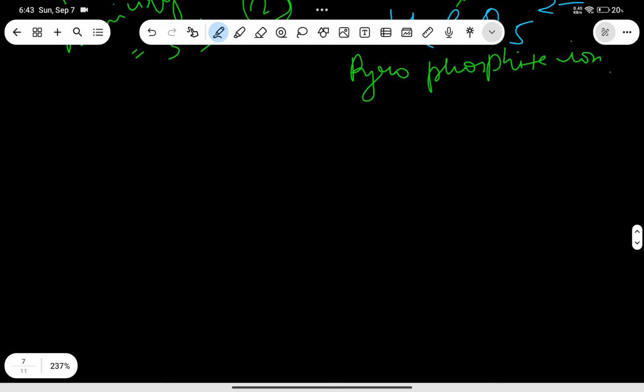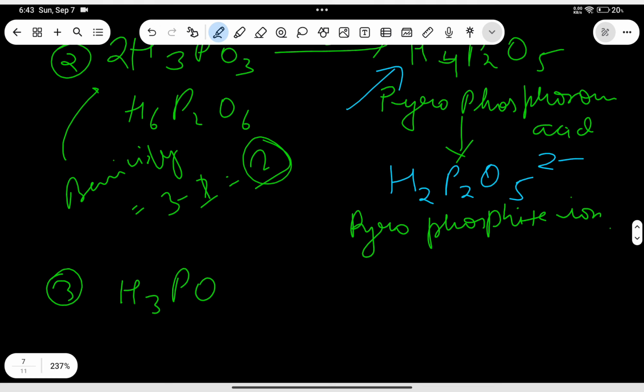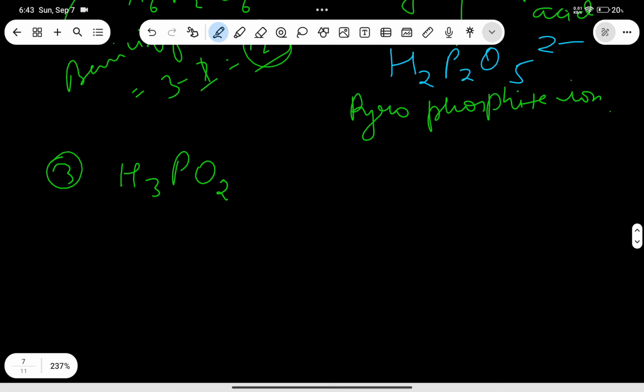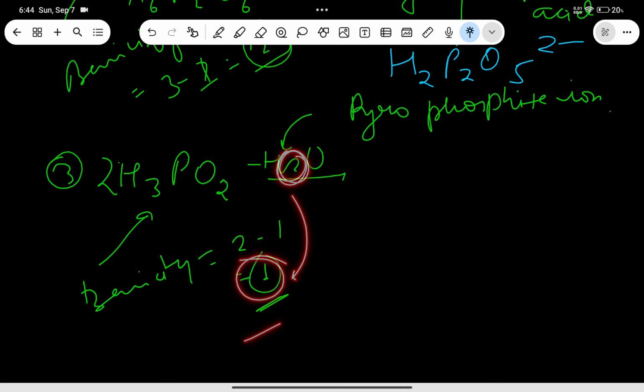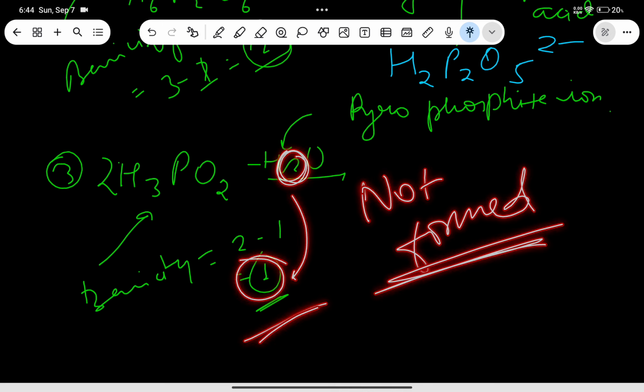Now let's see one more beautiful thing. That is H3PO2. So two of the molecules, let's try to remove H2O. Now we saw the basicity of this is 2 minus 1, that's 1. How can it remove two hydrogens if the basicity is only 1? So it cannot be formed.